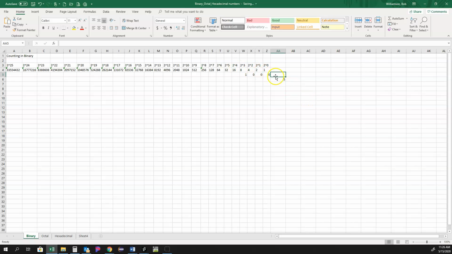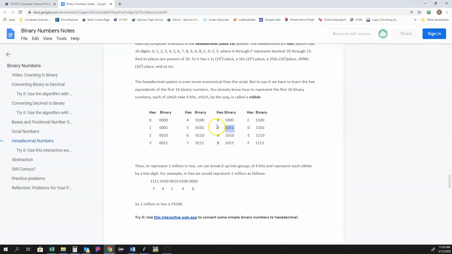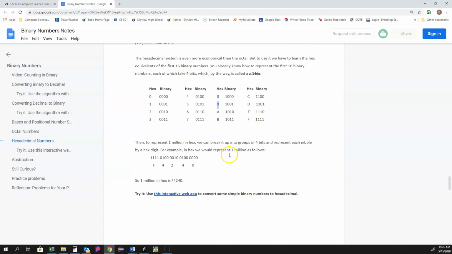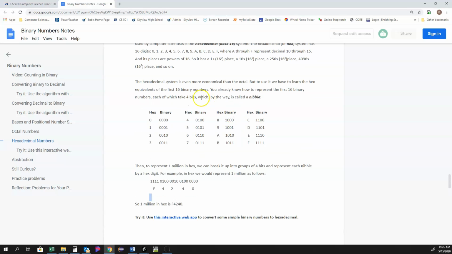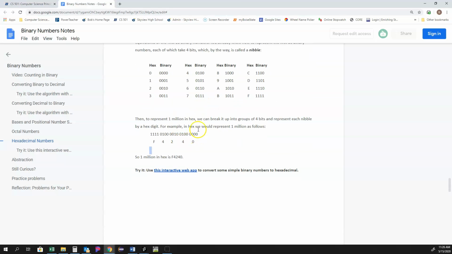If we look at this here, making sure that everything lines up, that's going to be 8 plus 001, and that would be 1. So that would be 9. So 1001 is in fact 9. So that's how we can convert that. What we would do simply is take your decimal number, break it into chunks of 4, and then assign a hexadecimal value for that.